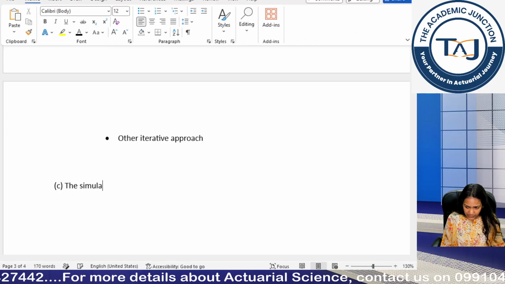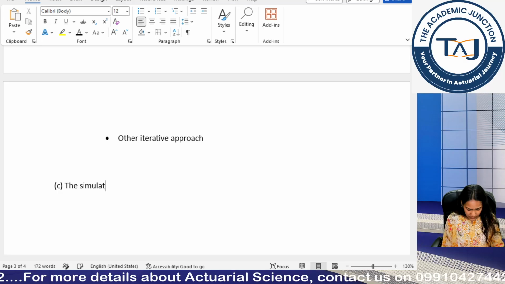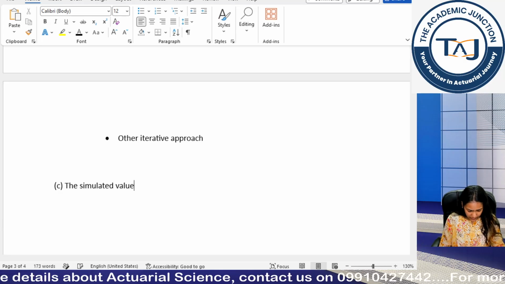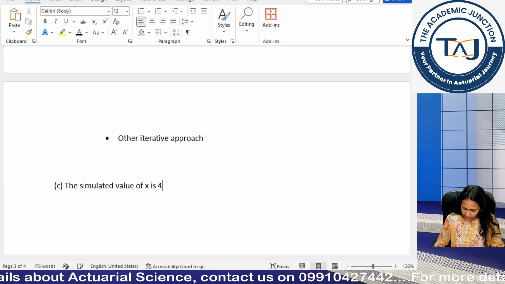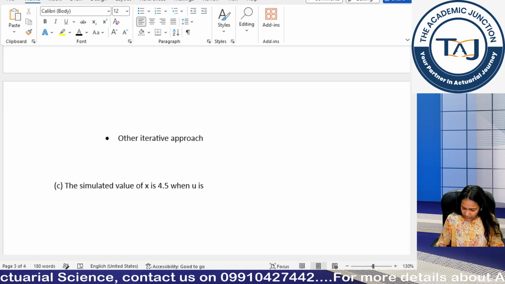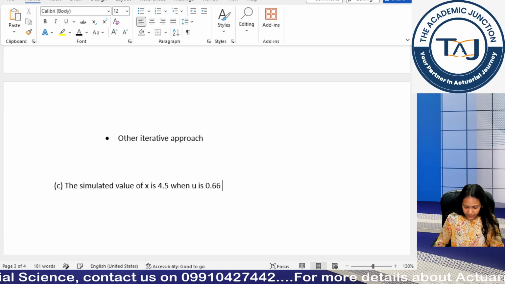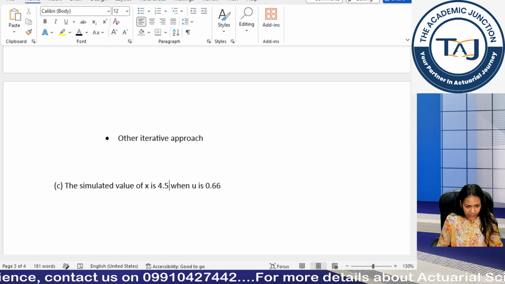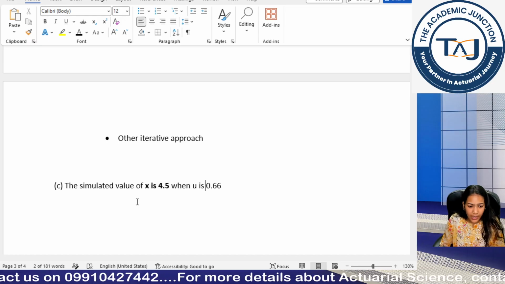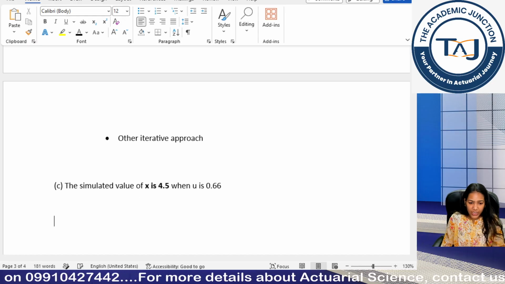The simulated value of x is 4.5 when u is 0.66, I guess. So we would just bold this out. I hope this whole question is clear.